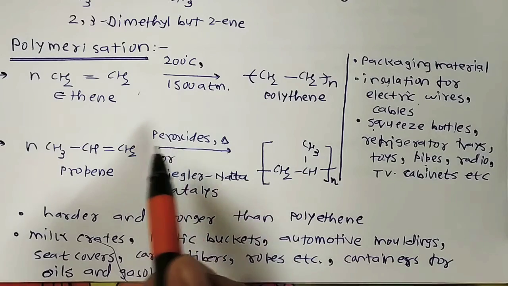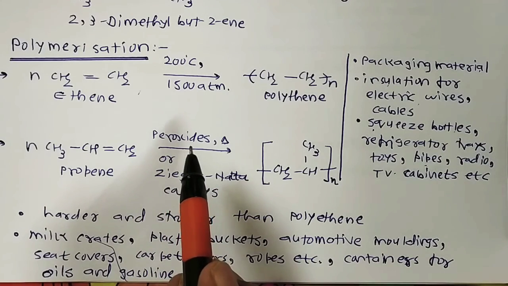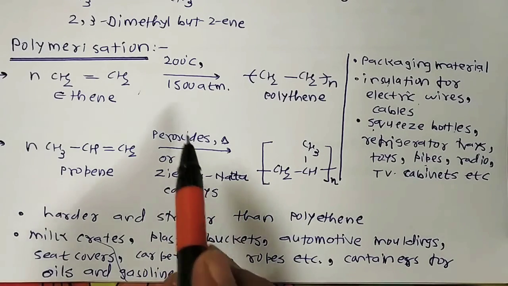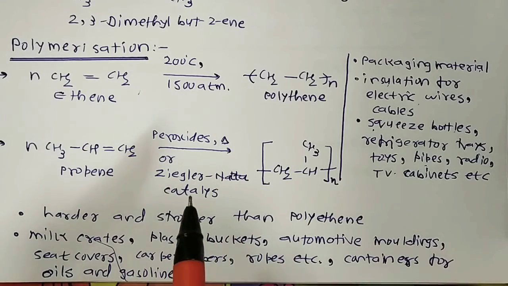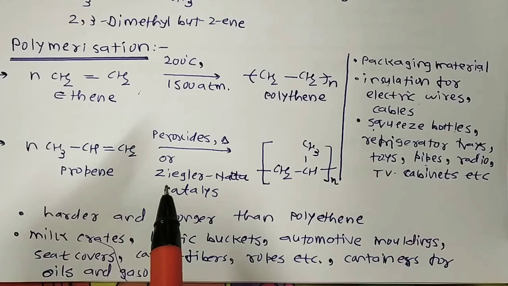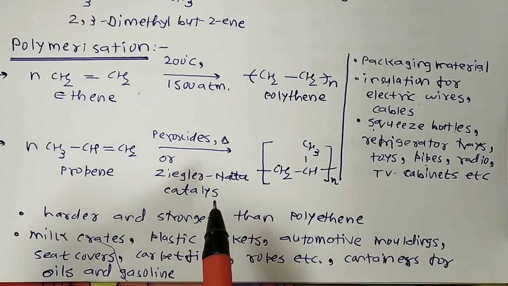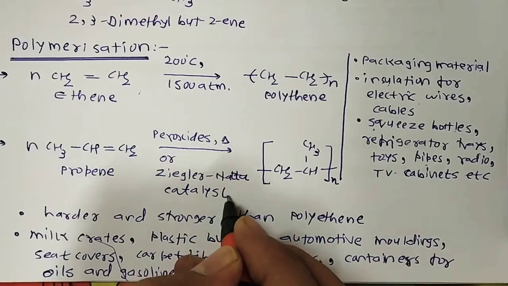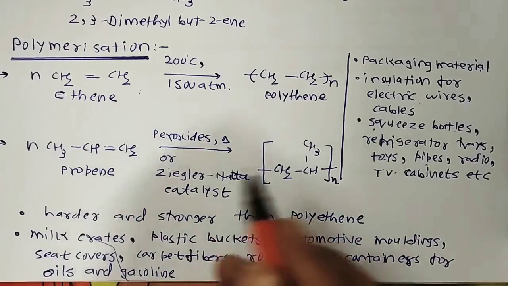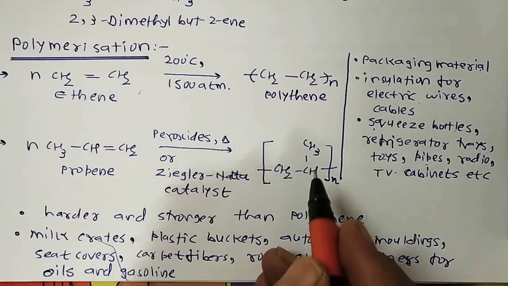So here we have to use an initiator such as peroxide with temperature, or we can take a Ziegler-Natta catalyst. In 12th standard, we discuss the Ziegler-Natta catalyst. So this catalyst is used, and we convert this compound into polypropylene.